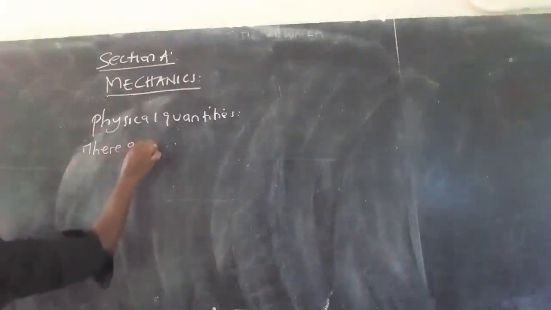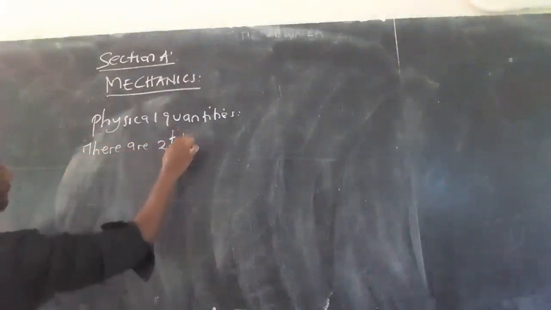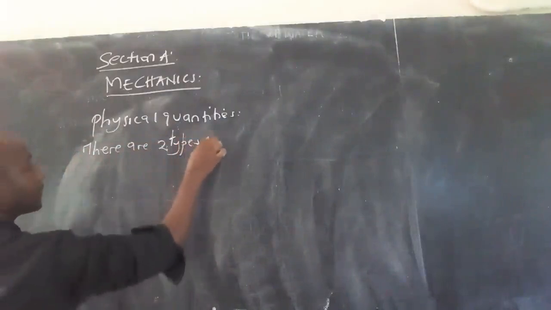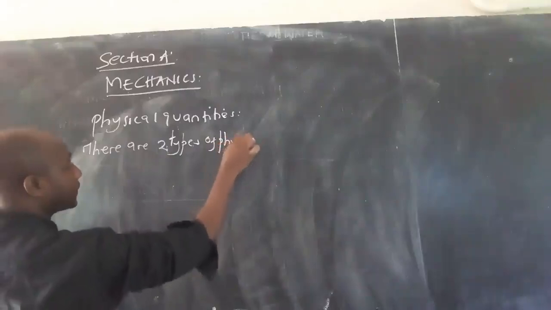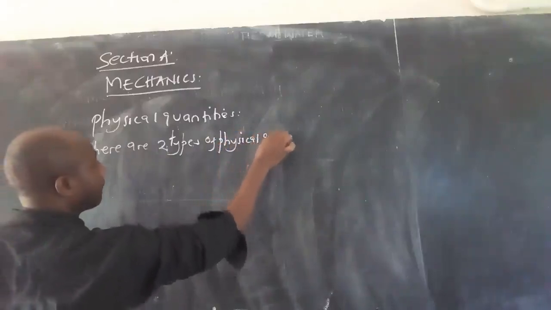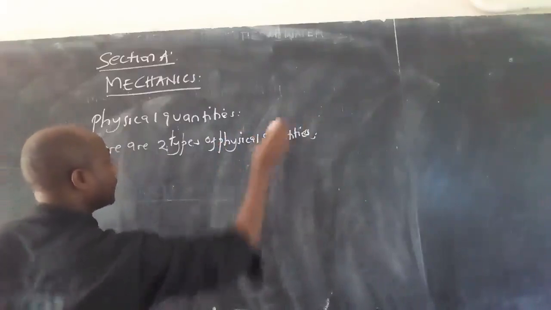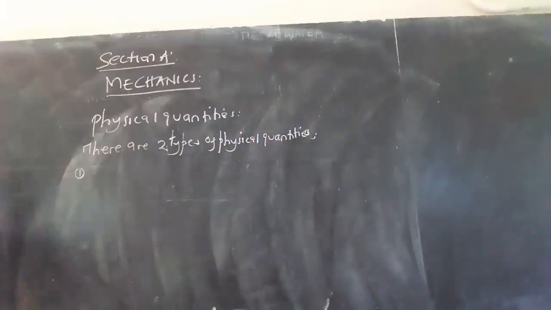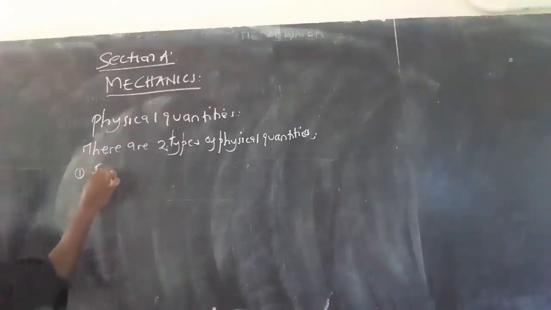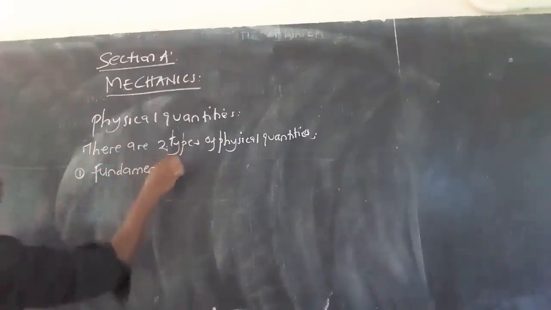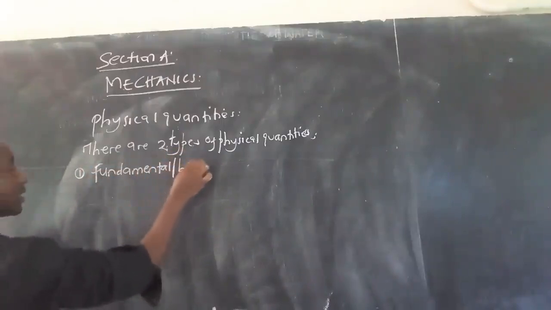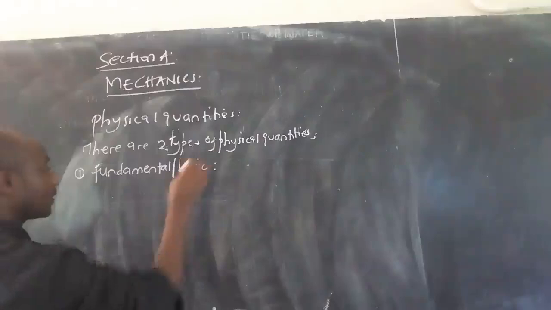There are two types of physical quantities. Number one, we shall look at what we call fundamental or basic physical quantities.